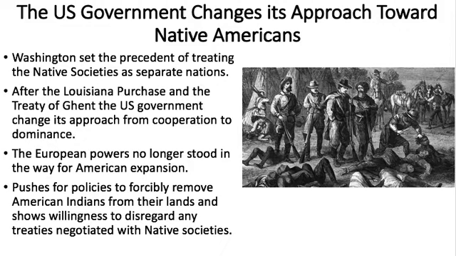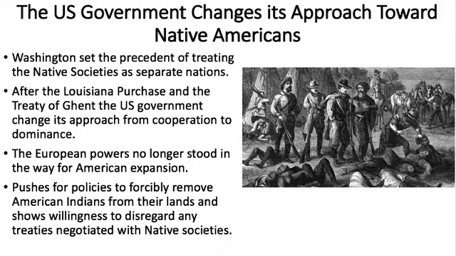Remember that idea that Americans were entitled to expand westward and that idea of manifest destiny, that it was God's will, is very much prevalent, not just in the American people, but its elected leaders. And when no European power is in the way anymore, American expansion starts spreading real fast.